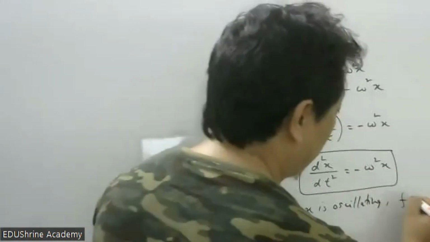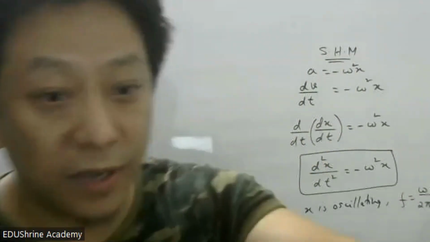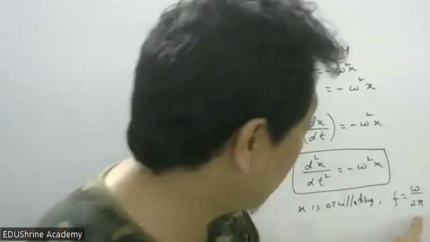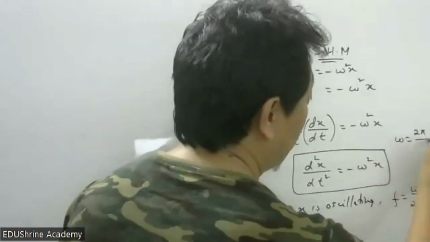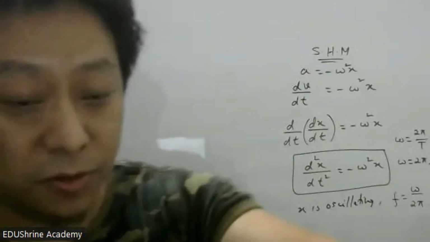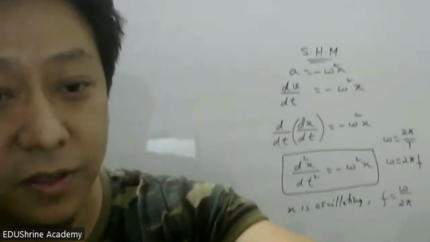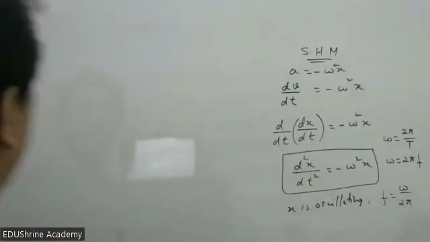And the frequency of that is f. How will you calculate frequency? First find omega, then omega divided by 2 pi, because omega is 2 pi times frequency. Omega is 2 pi by time period, no? And 1 by time period is frequency. So this is a quick revision of first PU SHM.